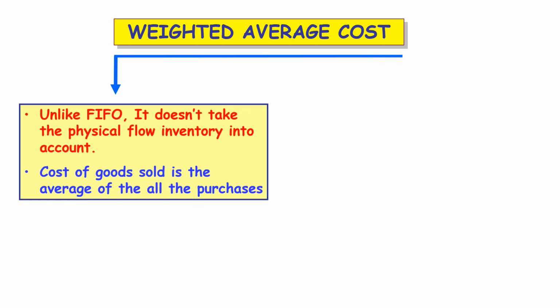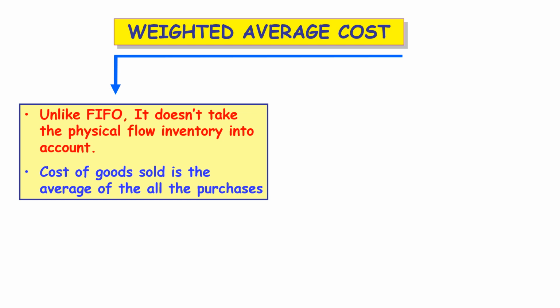The first that came into the box were $5 staplers. So when I sold them, I was picking up the $5 ones. Weighted average does not look at that. It, however, just calculates an average cost and then uses that cost to determine the cost of goods sold and the ending inventory value.